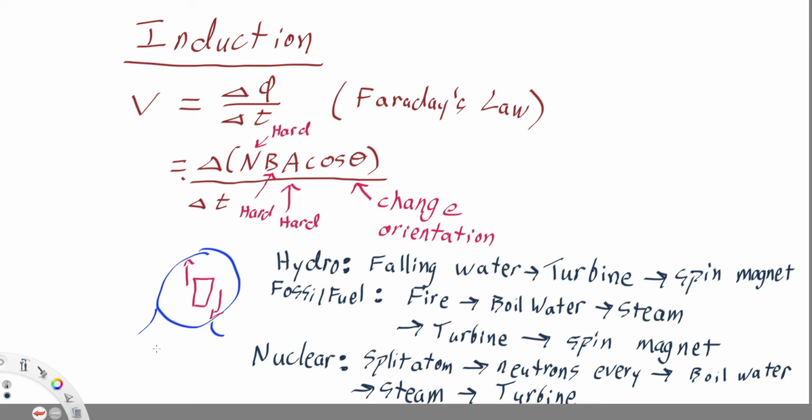Wind is moving. You stick a turbine in its path. You spin a magnet. Tidal energy. Tide goes in, tide goes out. You stick a turbine in its path, it spins it one direction when the tide goes in, spins it the other direction when the tide goes out. Either way, you spin a magnet.